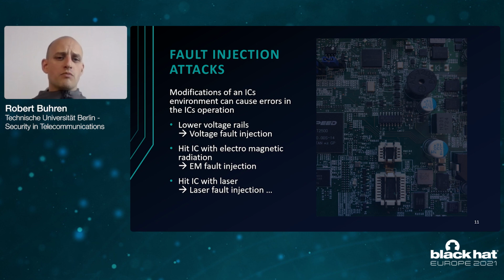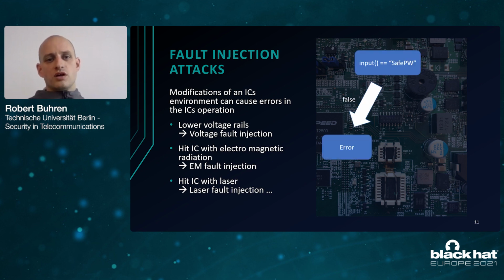Now, regardless of the way you introduce a fault in the system, you have certain properties that you want to achieve as an attacker. Imagine there's a security-sensitive check that will validate some password that was entered by the attacker. The attacker does not have the password, so the system will transition into an error state if the password check fails.